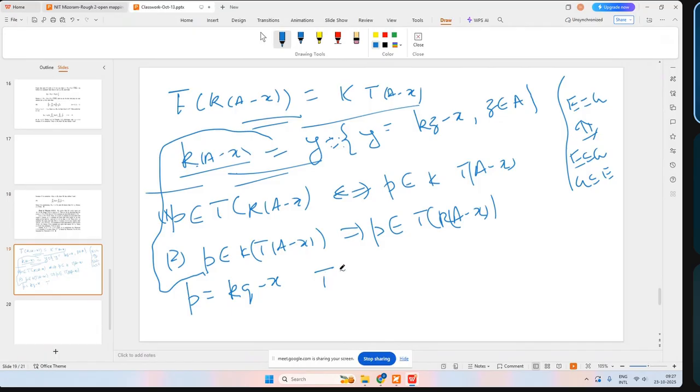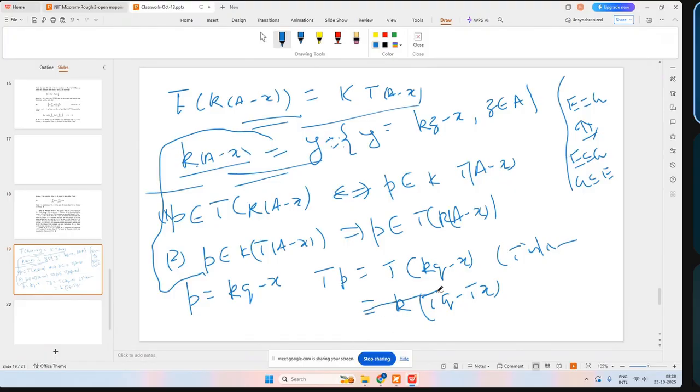So T of P will be T of K times Q minus X. But T is linear. So this will be K times T of Q minus X, that is TQ minus TX.